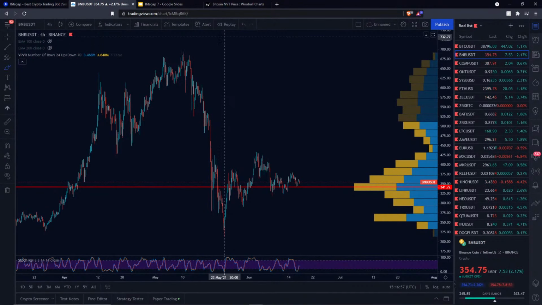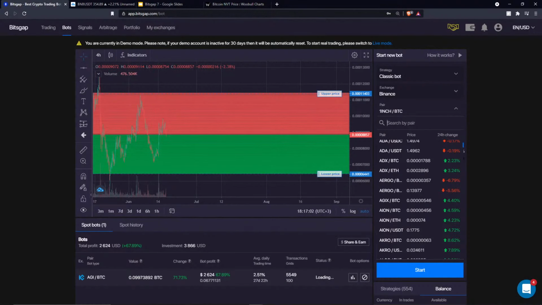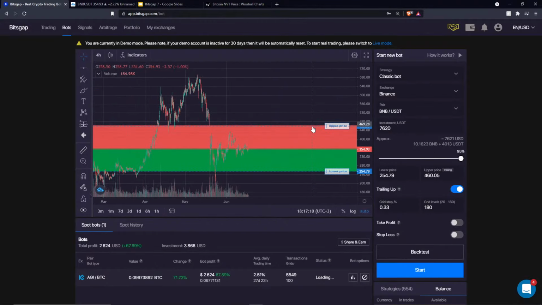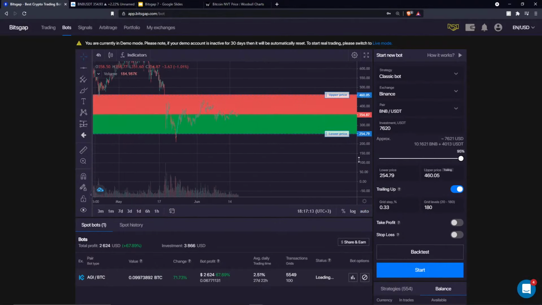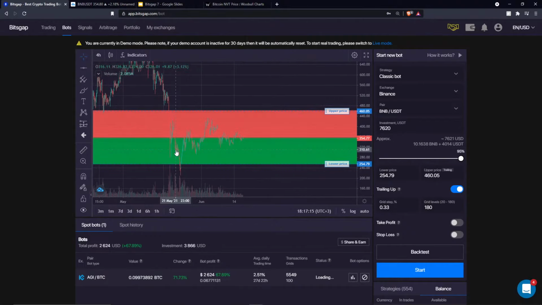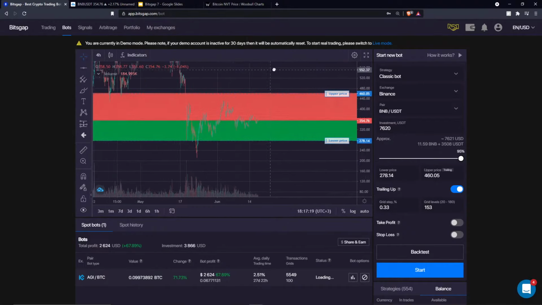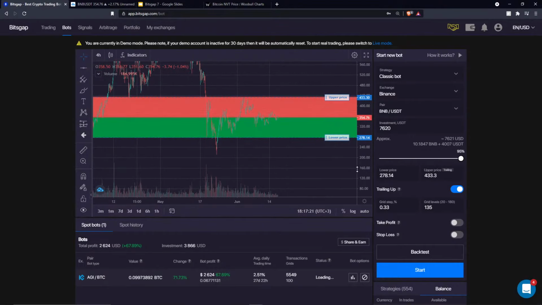Maybe BNB. Yeah, actually BNB looks good. It's a pretty good one right now. Let's go back to BNB. Where is that? USDT. So I would stick with this kind of configuration.